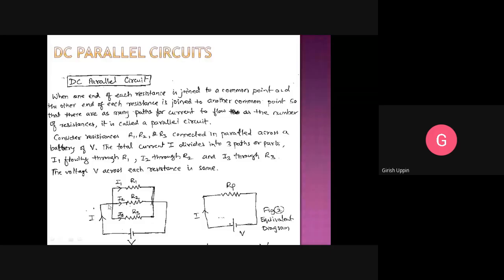The current I is coming here, and this current will get divided into I1, I2, and I3. So you may ask, how much would the current I1 be? Will it be more than I2 or less than I2? How do we know that?